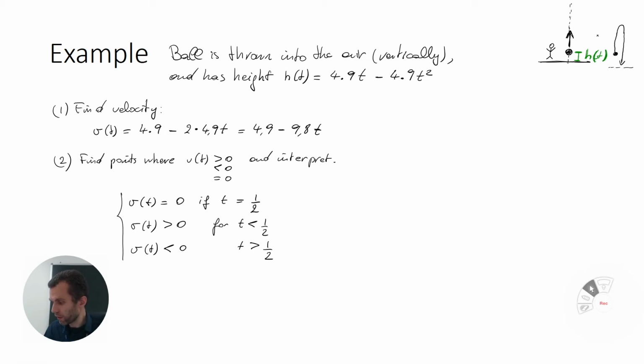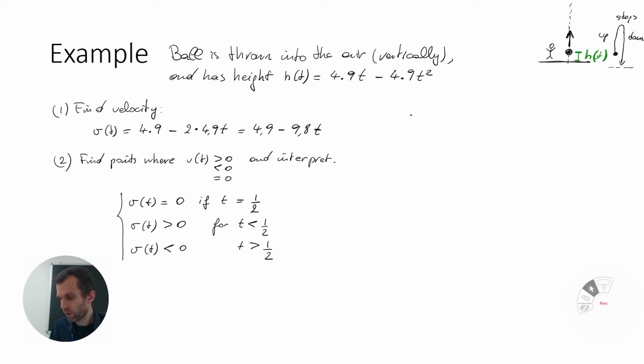So we know it goes up, and then here it stops, and then here it goes down again. And now we can put some numbers on that. So it goes up for t less than 1/2 second, and then at t equal to 1/2 second it reaches the maximum point, and then for t bigger the velocity is negative, so it goes back down.